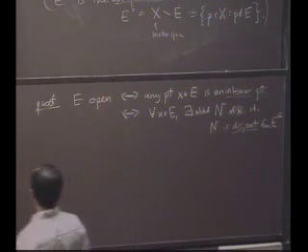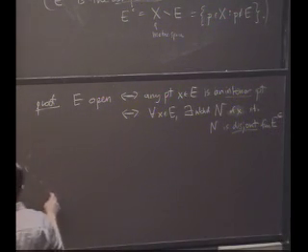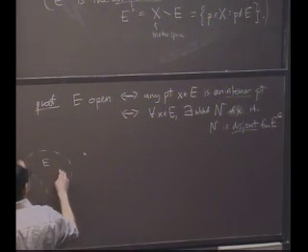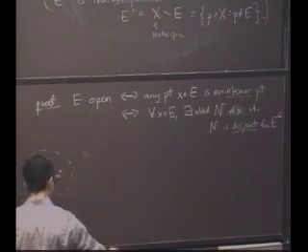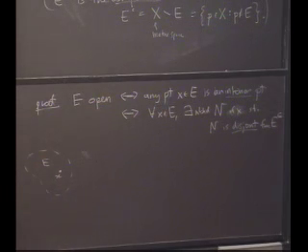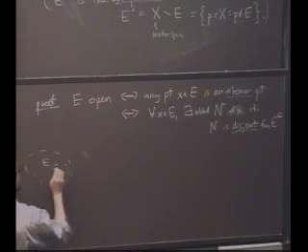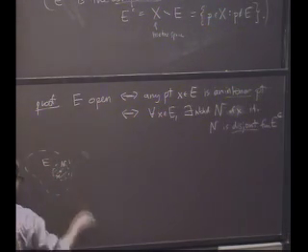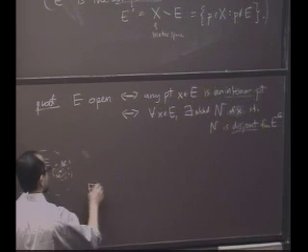So here's the picture. Here is an open set, E. Here is a point, X. And the claim is if X has a neighborhood around it that is completely within E, then this neighborhood completely misses E complement, which sits outside.